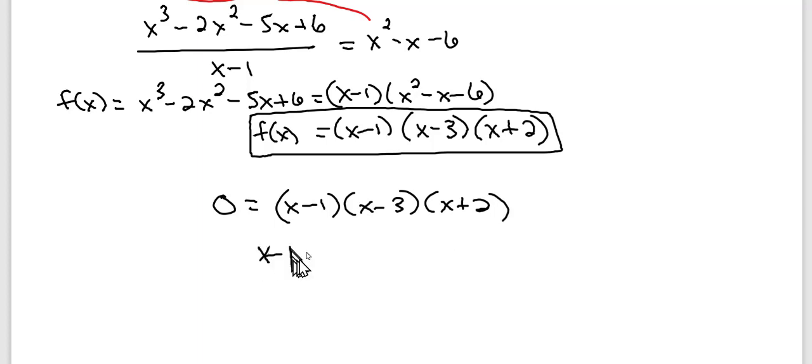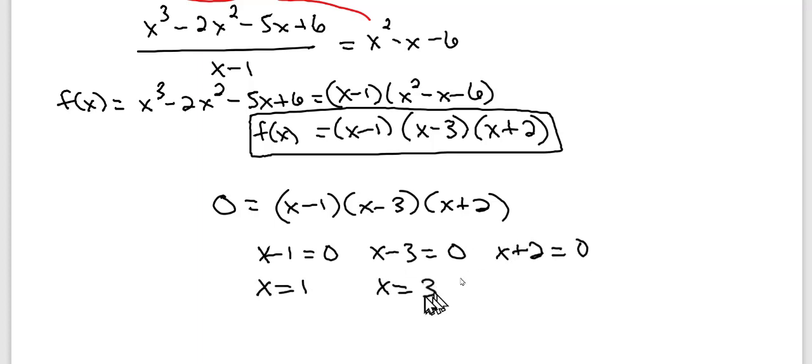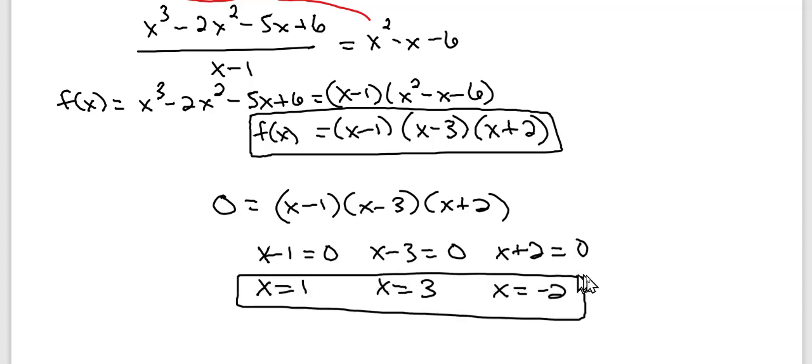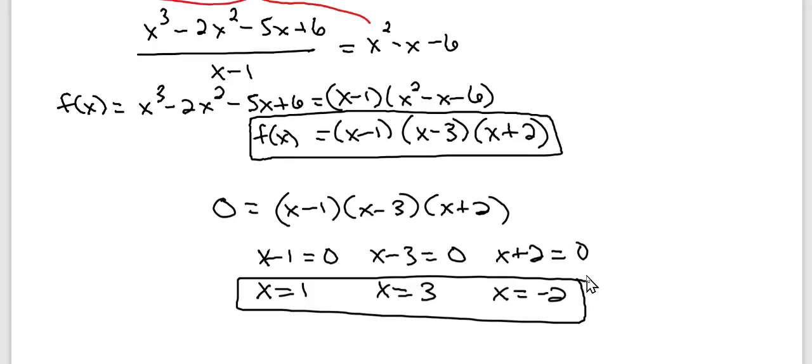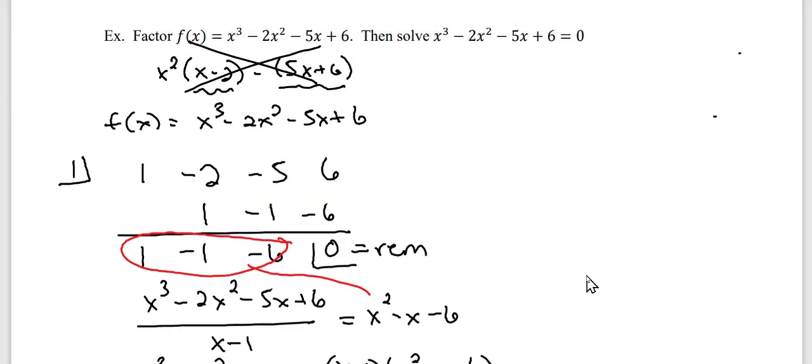Each of those factors gets set equal to 0. You get x equals 1, x equals 3, and x equals -2 are the solutions to that equation. They would also be x-intercepts of the graph of f of x. I think that answered that question.